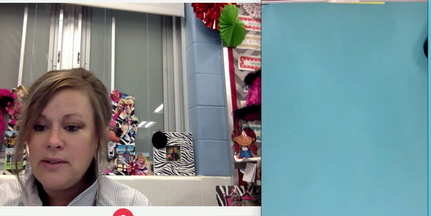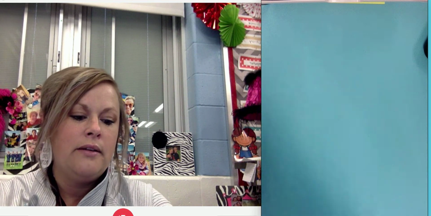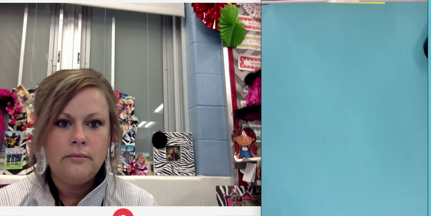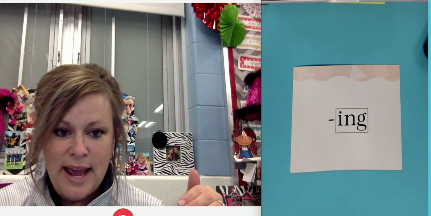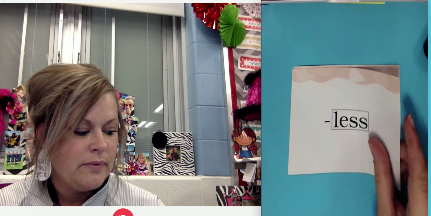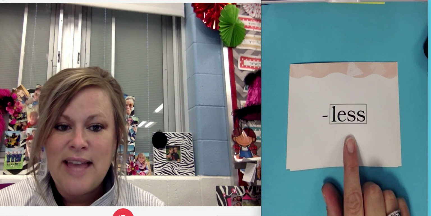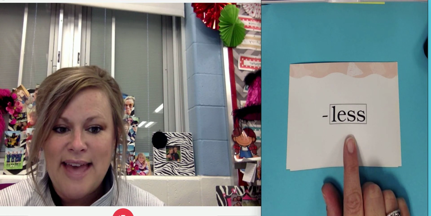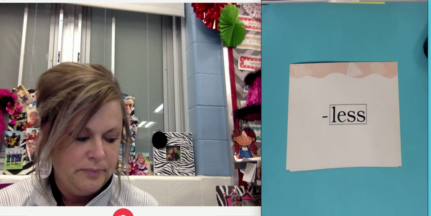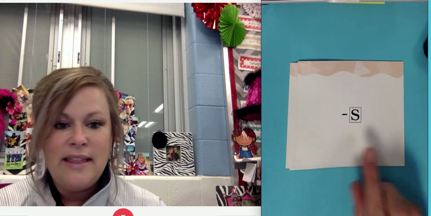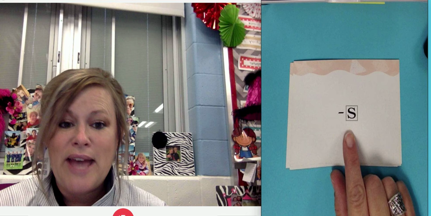All right, and here's our suffixes from yesterday. This is suffix ing, and it means it's happening right now. This is suffix less, which means without when added to a root word. This is suffix s. When added to a root word, it means more than one.